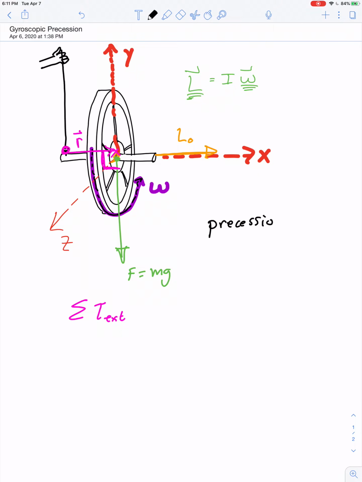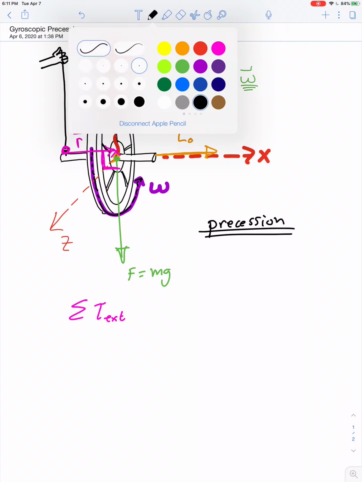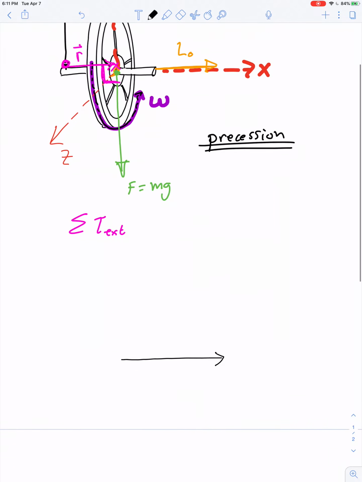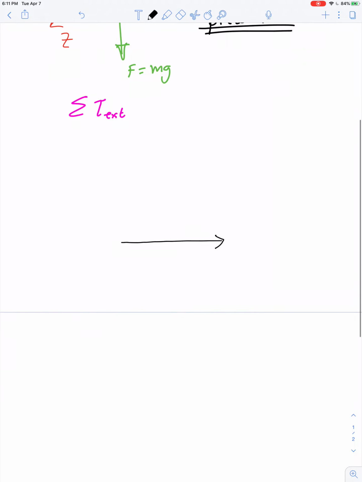All right, well, what ends up happening is the wheel undergoes a type of motion known as precession. If an eyeball were to look down the y-axis, here's what it might see. So now looking down the y-axis, we see the z-axis this way, and the x-axis this way.